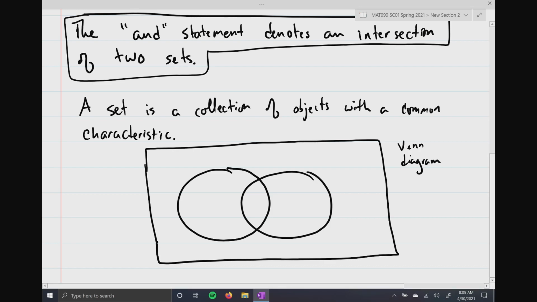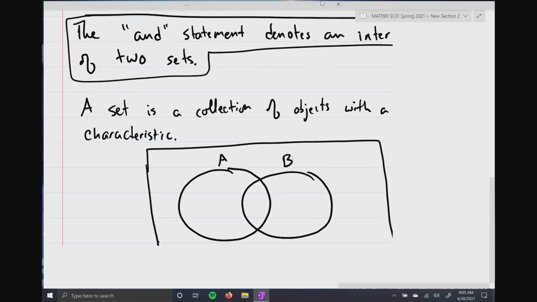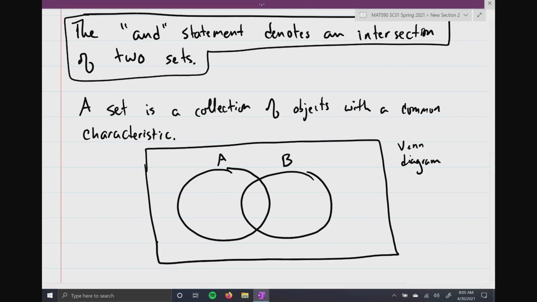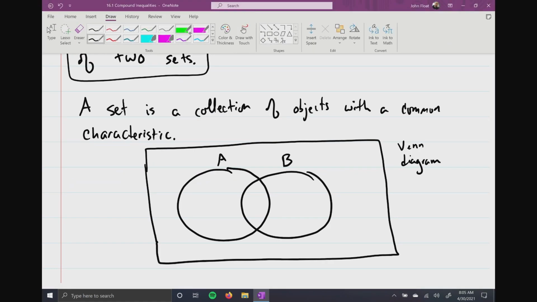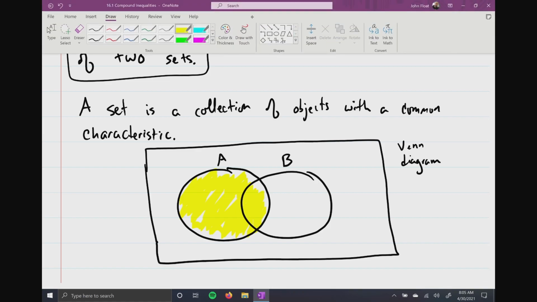The first circle, I'm going to call set A. And the second circle, I'm going to go ahead and call set B. Now, the only thing I'm going to do here to just kind of really illustrate this is I'm going to go ahead and just shade. So set A, I'm just going to shade it in this yellow highlighter. And set B, I'll shade in the blue one.